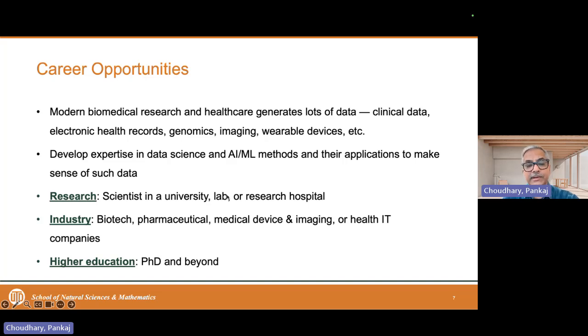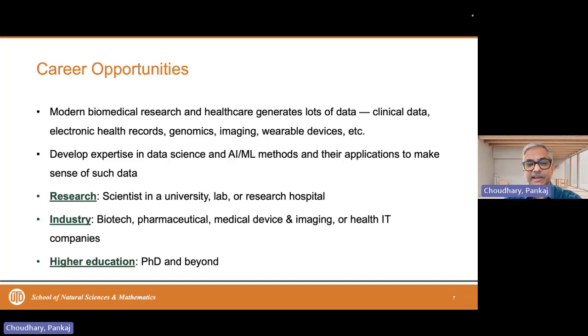When we were developing this program, I'm talking about the research at UT Southwestern program, we had a meeting with our counterparts at UT Southwestern, and one of the comments that they made was that for people with these kind of AI skills that they will learn as part of this program, there may be job opportunities at UT Southwestern itself. So one of the career possibilities is that you continue in research.